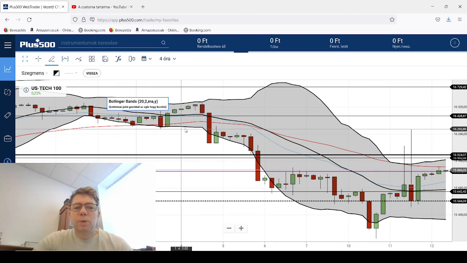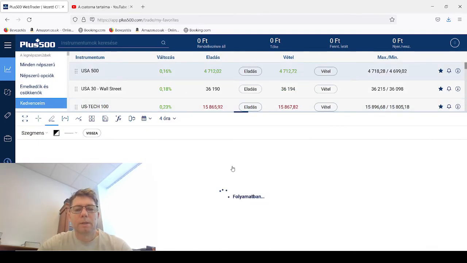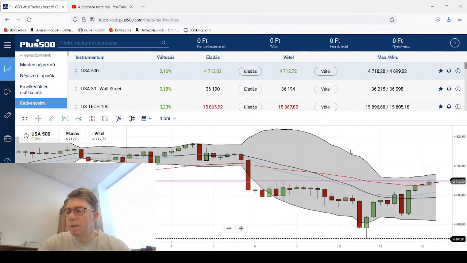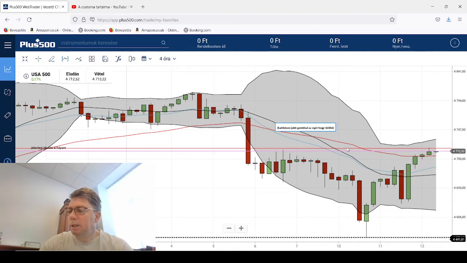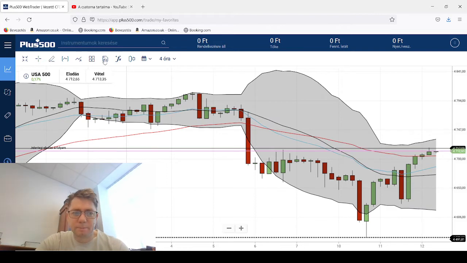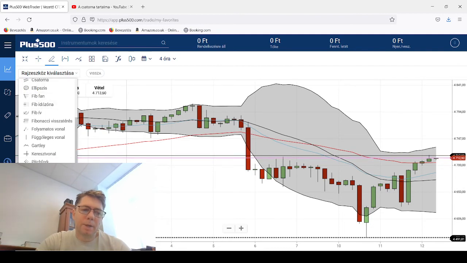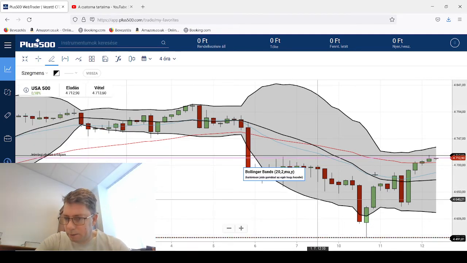Let's go over to S&P 500. That's the 4-hour chart on the S&P 500. And yeah, I look at this as a W pattern. And let me determine my price target here.